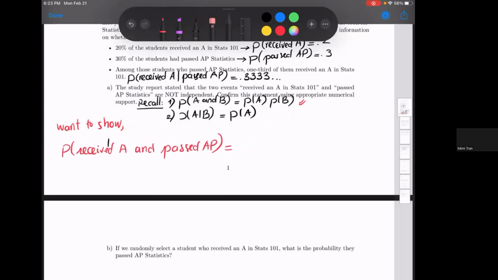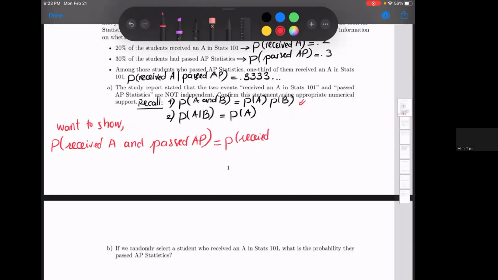There you go. P of receiving A and pass AP is equal to P of receive A times P of pass AP. So far, so good?